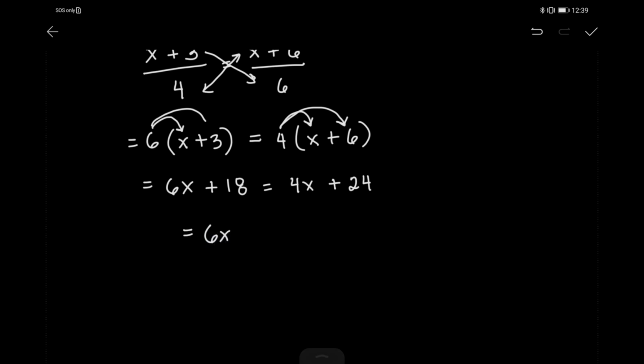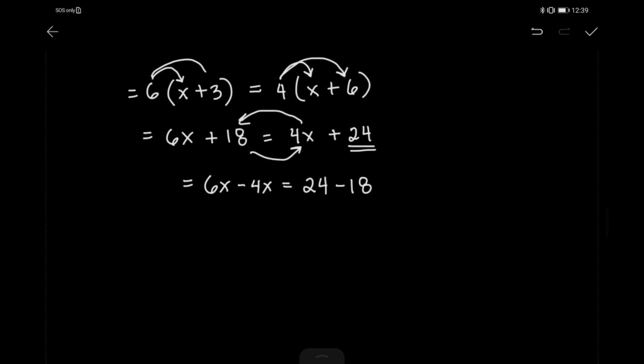Then transfer the positive 4x to the other side, so this will become negative 4x. Then equal sign. Bring down the positive 24 here. And transfer this positive 18 to the other side, so from positive, this will become negative 18.